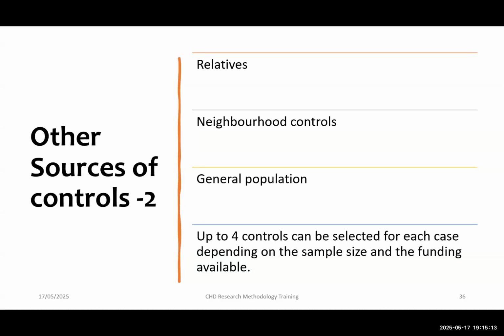Depending on your sample size and your funding, because if you use more than one, obviously you will increase your sample size, and you will need more funds. The teaching is usually that beyond 4 controls, you're not gaining anything more by using 5:1 or 6:1.